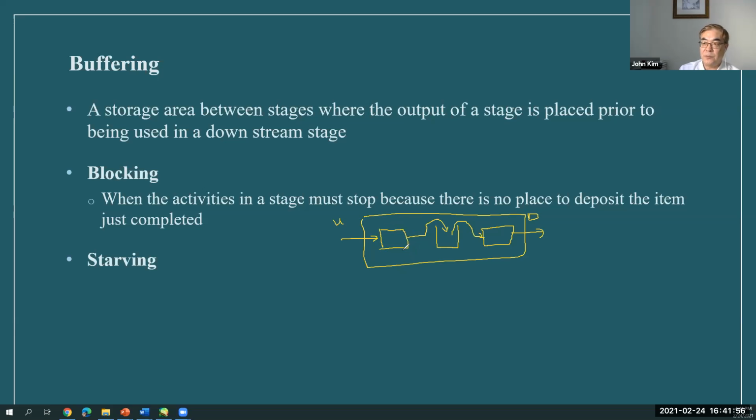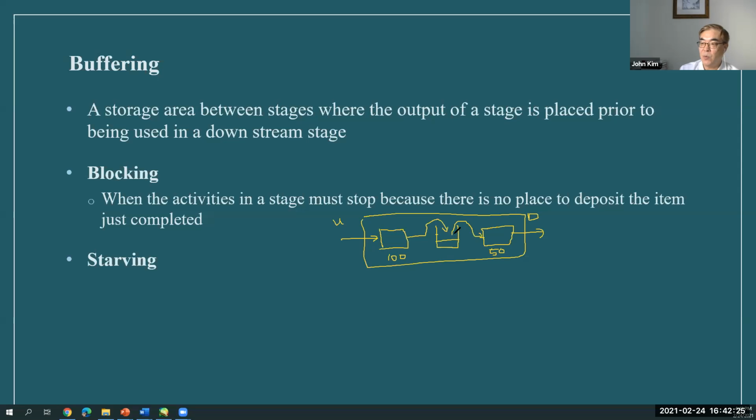If the capacity of two stages or activities is uneven, for example this one's capacity is 100 per hour and this one is 50 per hour, then every hour this one sends 100 but this one can handle only 50.